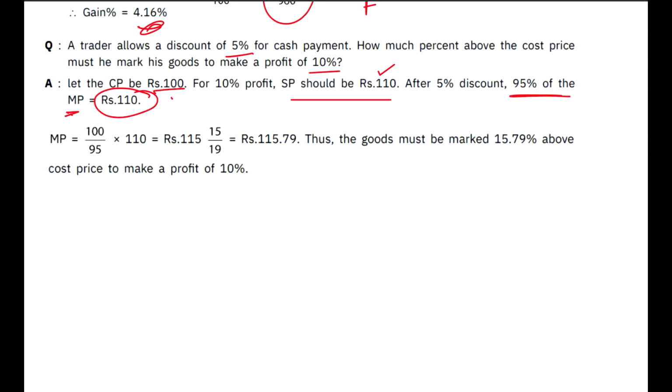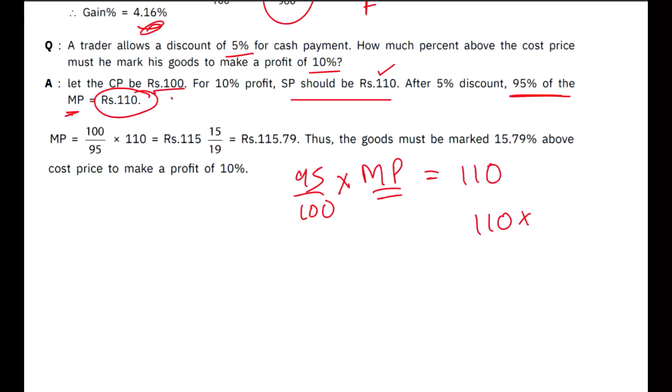Now you can equate it: 95% of the MP is equal to 110. So MP will be 110 into the reciprocal of it, which is 100 by 95. Once you do this, you will get the answer quickly, which is 115.79.